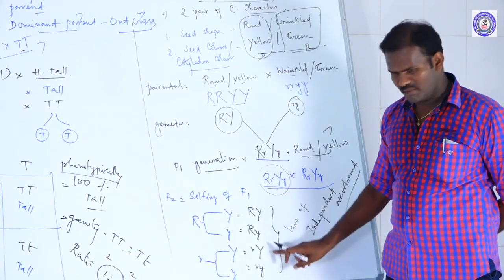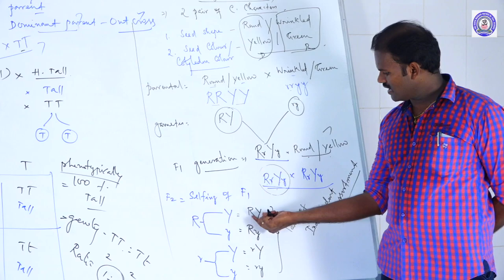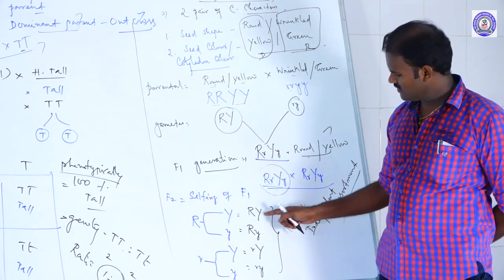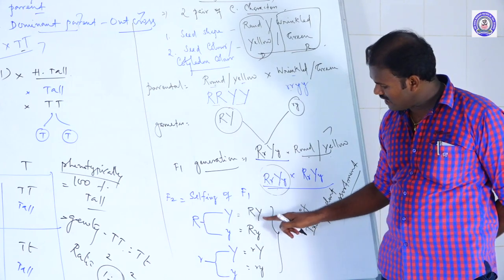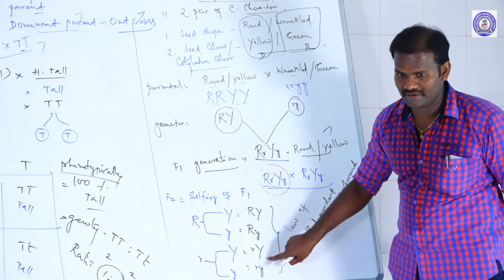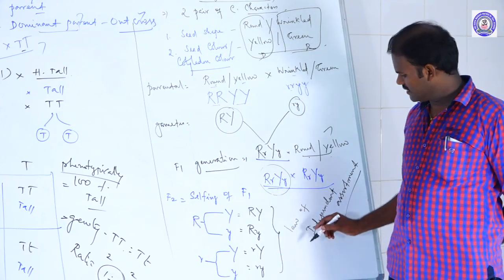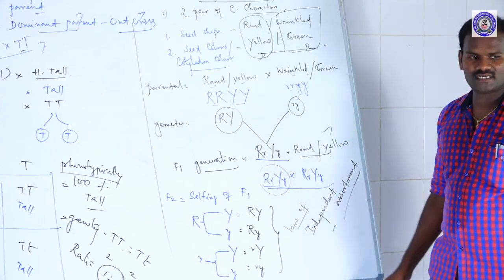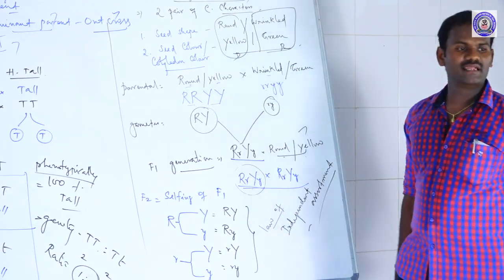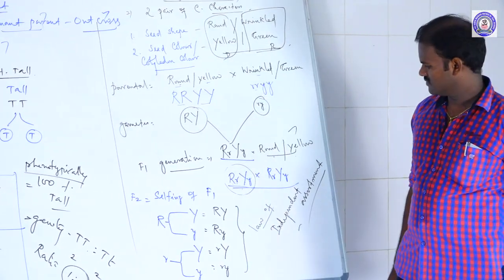During gamete formation, each pair of characters gets segregated from the other pair, independent of the other pairs. Each pair of characters is independent of the other pair. This is called the law of independent assortment. The law of independent assortment explains Mendel's dihybrid cross.